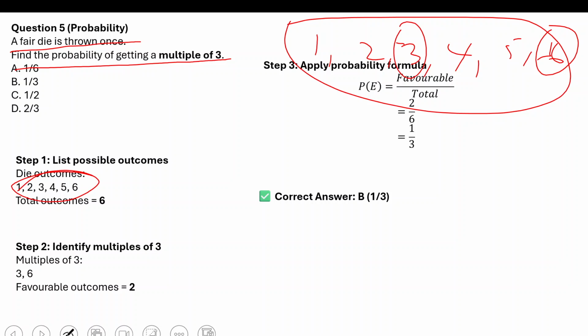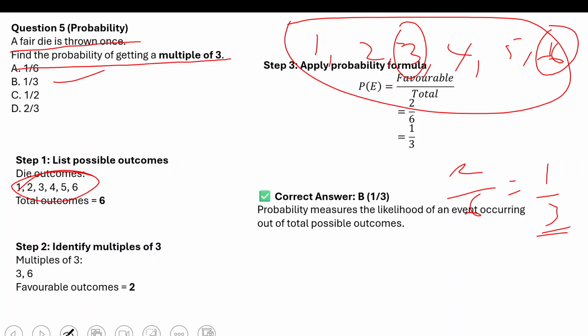Favorable outcome just defines what you want to get, while the total outcome defines all the possible outcomes that can come out from that probability. So 2 over 6 becomes 1 over 3. That's why we have 1 over 3 as the answer here. Okay, so probability measures the likelihood of an event occurring out of total possible outcomes.